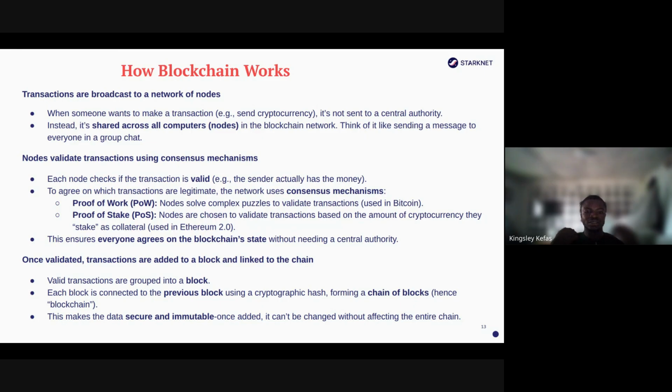That is what all those nodes use to validate transactions. Each of the nodes will check that this transaction is valid. In the case of sending value, they check that this person has up to that amount.